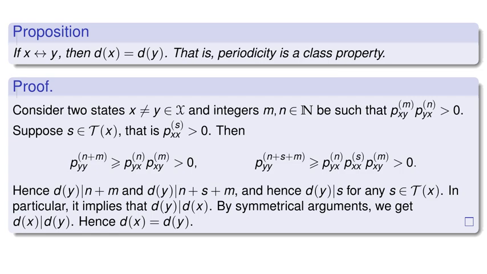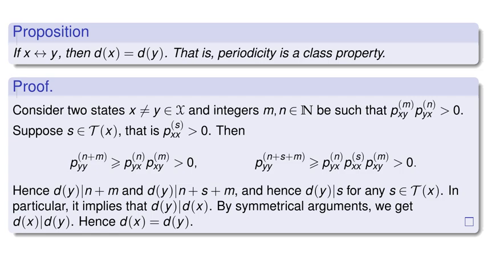Now, suppose s is an element of 𝒯(x), which means P_xx^s is greater than 0. Then we can see that P_yy^(n+m) is greater than or equal to P_yx^n times P_xy^m, which is greater than 0.